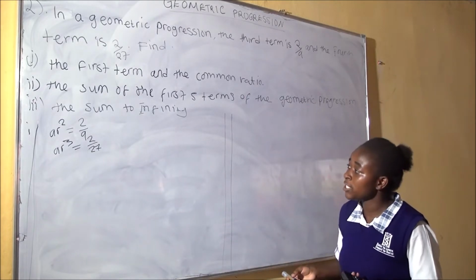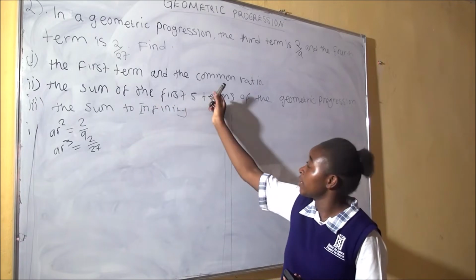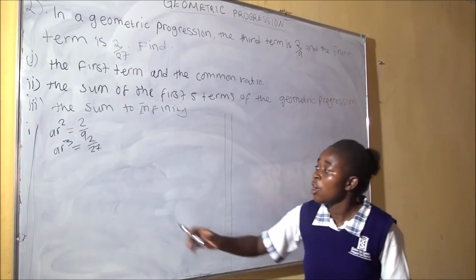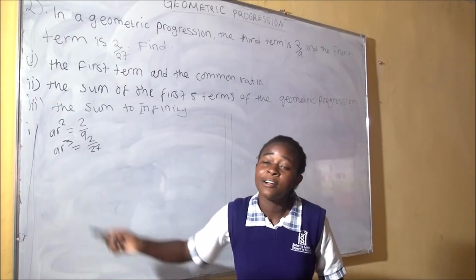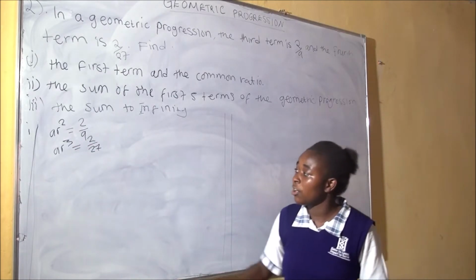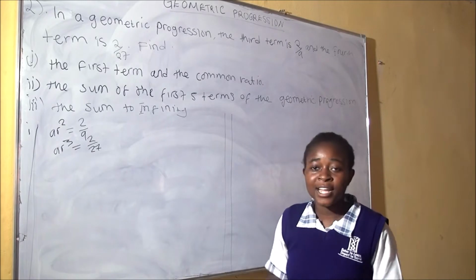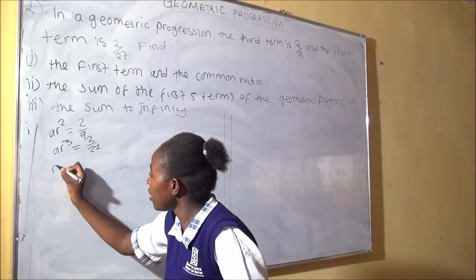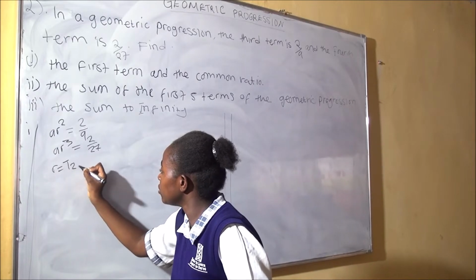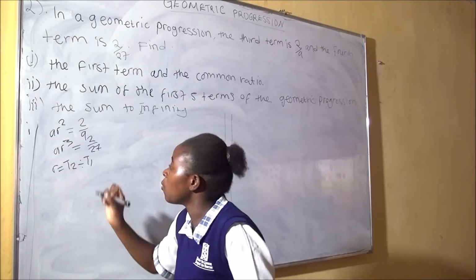To find the first term and the common ratio, we first find the common ratio. After finding the common ratio, we'll be able to find our first term. The formula we normally use is r equals T2 divided by T1.